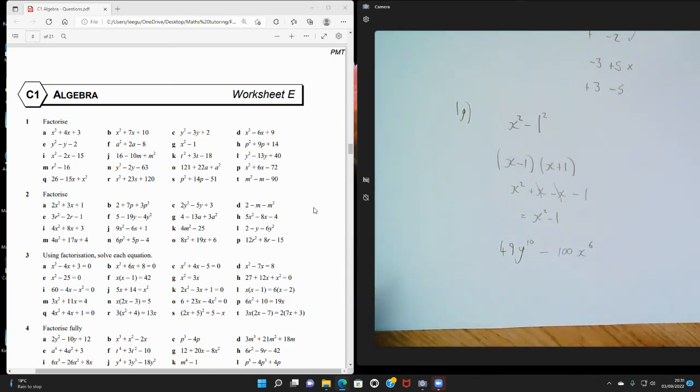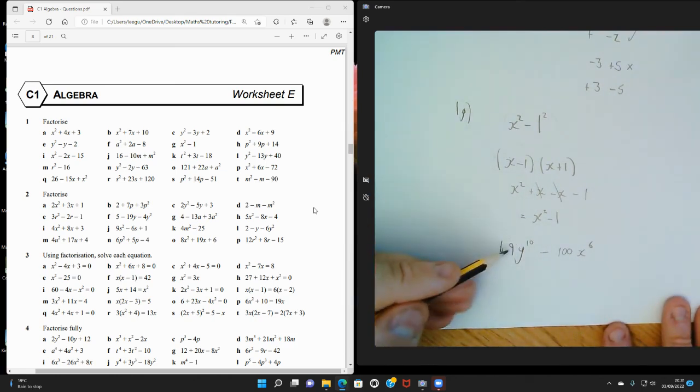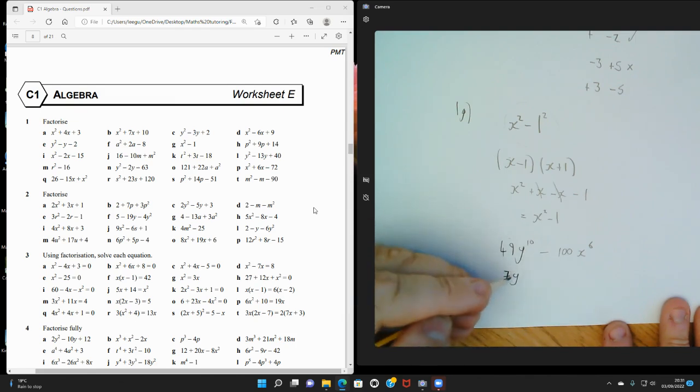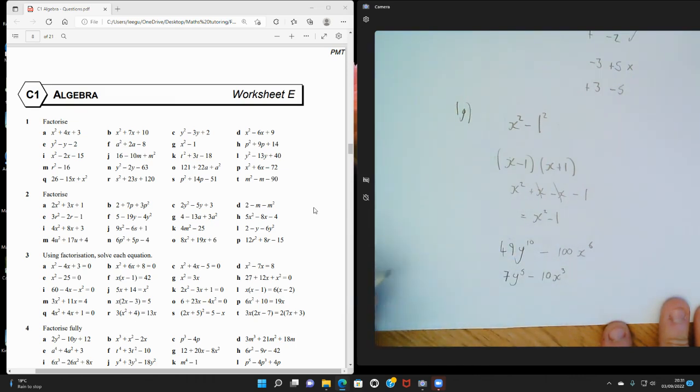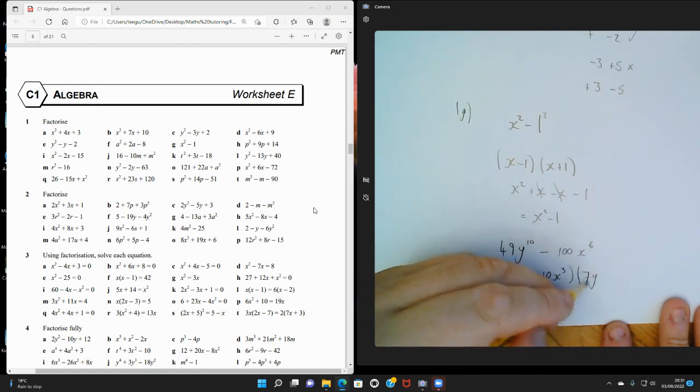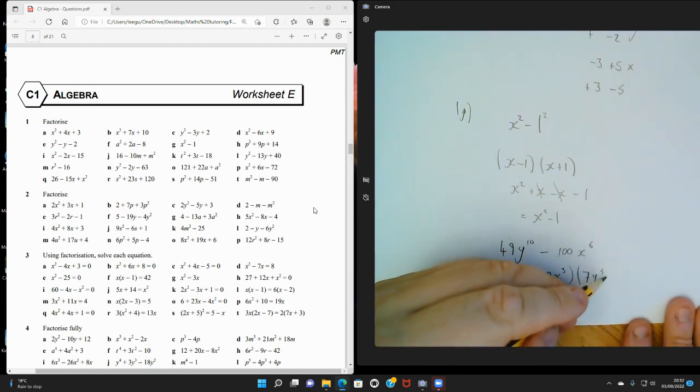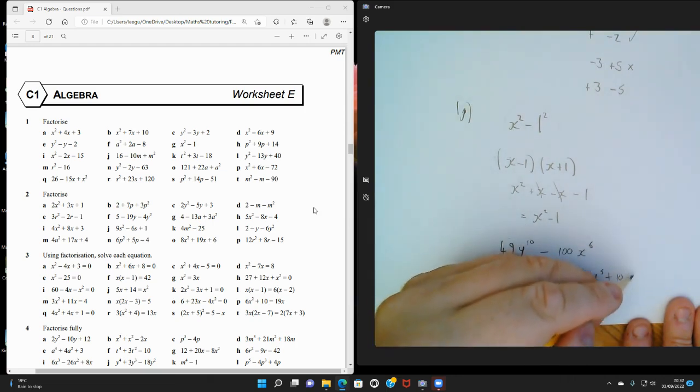Now, using the same principles that we've examined in the previous example, this would factorize into 7y to the power of 5 minus 10x cubed multiplied by 7y to the power of 5 plus 10x cubed.